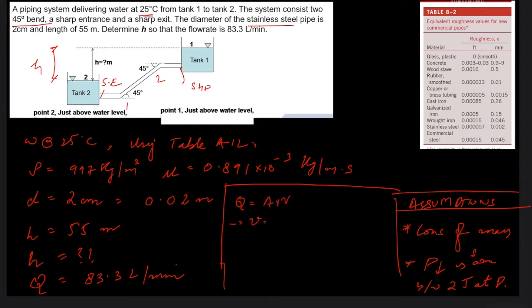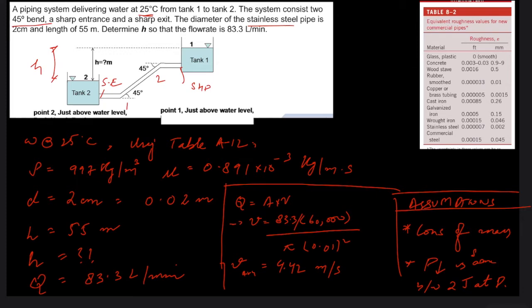So the velocity is equal to 83.3 divided by 60,000, whole divided by the area, pi into 0.01 whole square. My average velocity comes out to be 4.42 meter per second.